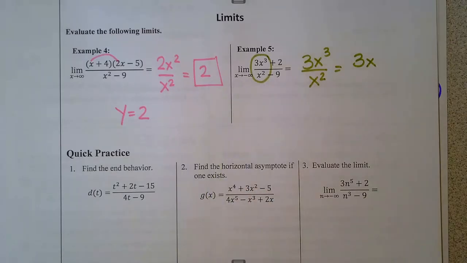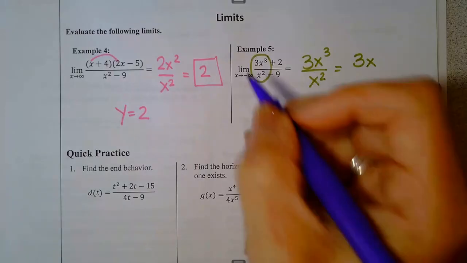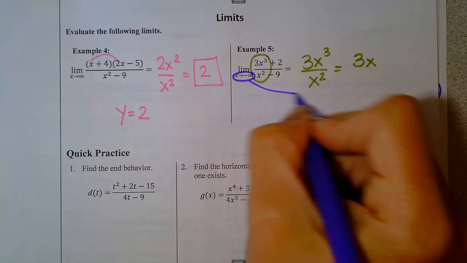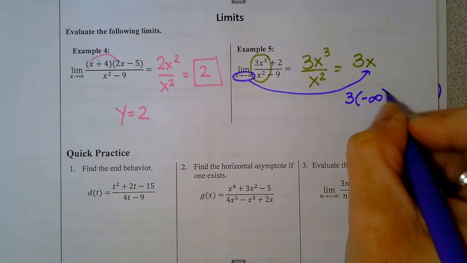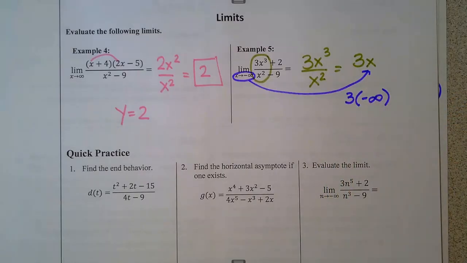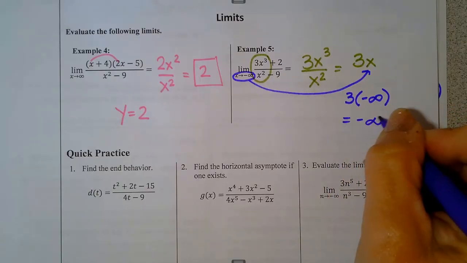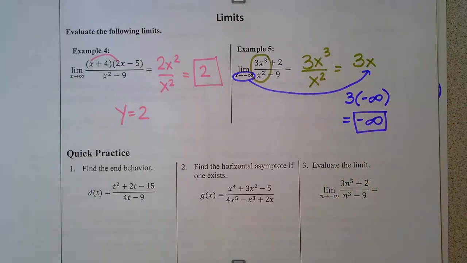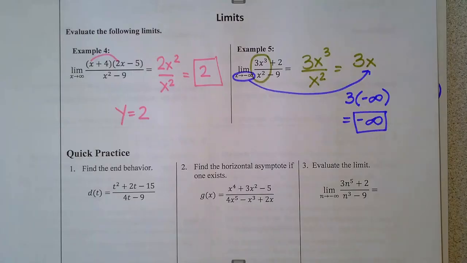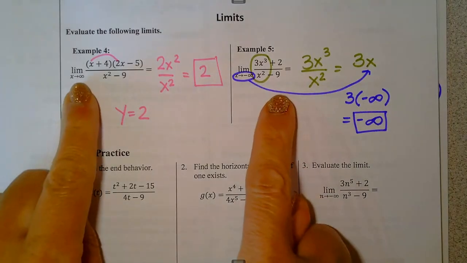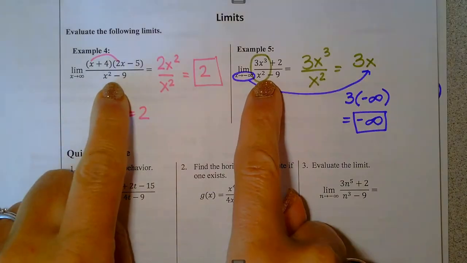So if you're ever struggling, remember, you can take this and plop it into that. So if I did 3 times negative infinity, what would you get as your answer? Negative infinity, not positive infinity. So this one is a little bit tricky because they're only asking for the negative side. They did not ask for the positive side. Did you notice that? In both of these instances, they're just asking for one of the limits.